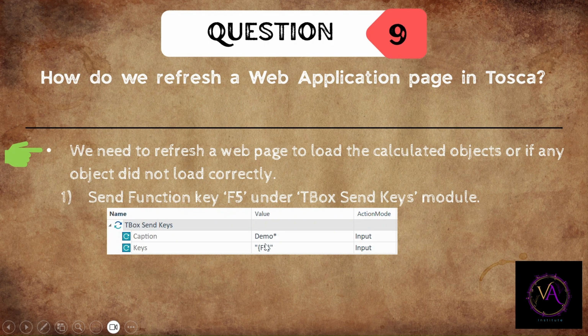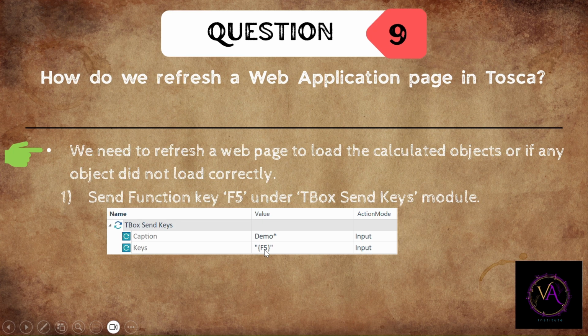You see this caption is Demo Store. Demo Store is my application, the demo web shop application. On this application, I'm passing curly brackets F5. If you take the latest version, you don't have to put double quotes before and after. But if you are taking older versions, 2023 or so, you have to put double quotes before and after, because the old versions are built in such a way that TBox can pass only data.